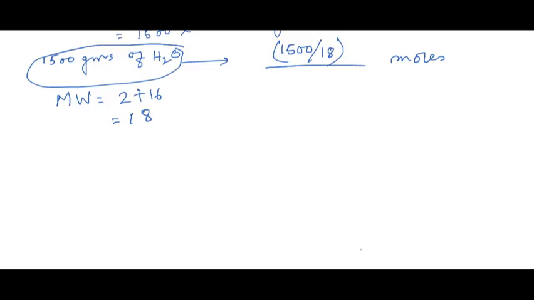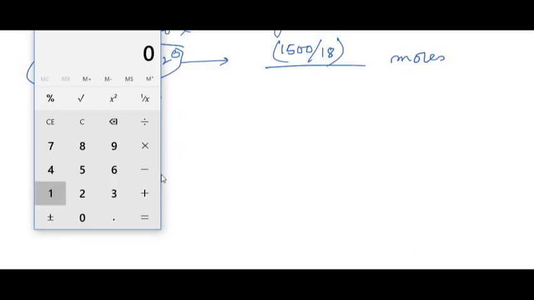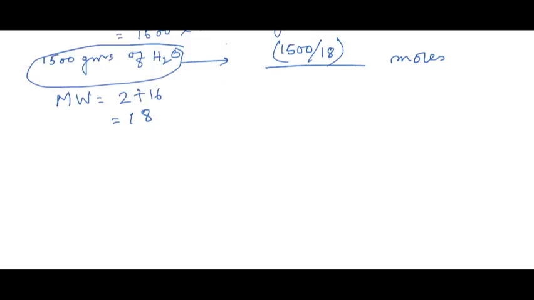So how much does it come to? Let us use a calculator at this moment. You may solve it by your division skills. Okay, 83.33 moles. So I have calculated the moles. So the first step is done. What is the next step? What did the problem ask us to calculate? The problem asked us to calculate the number of molecules.